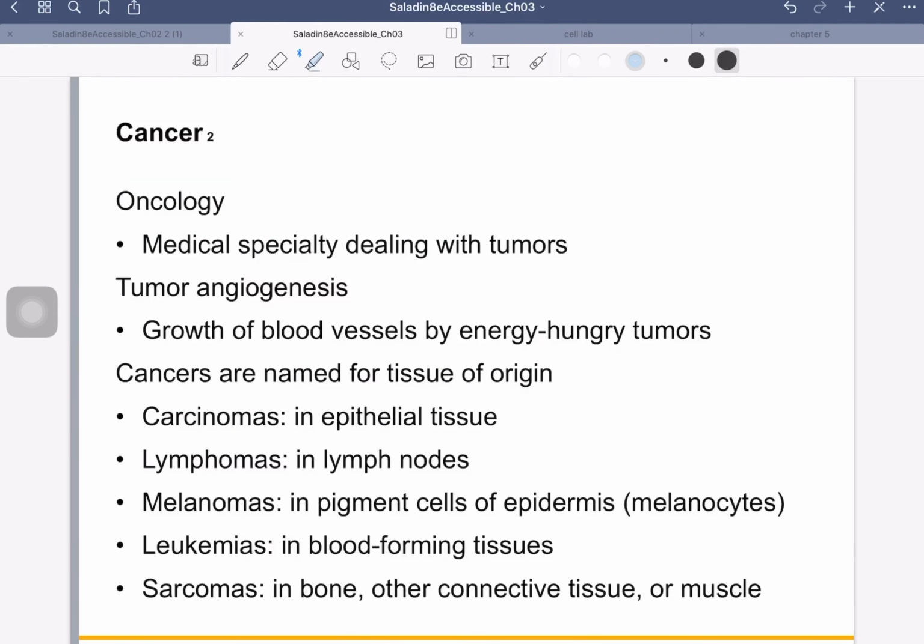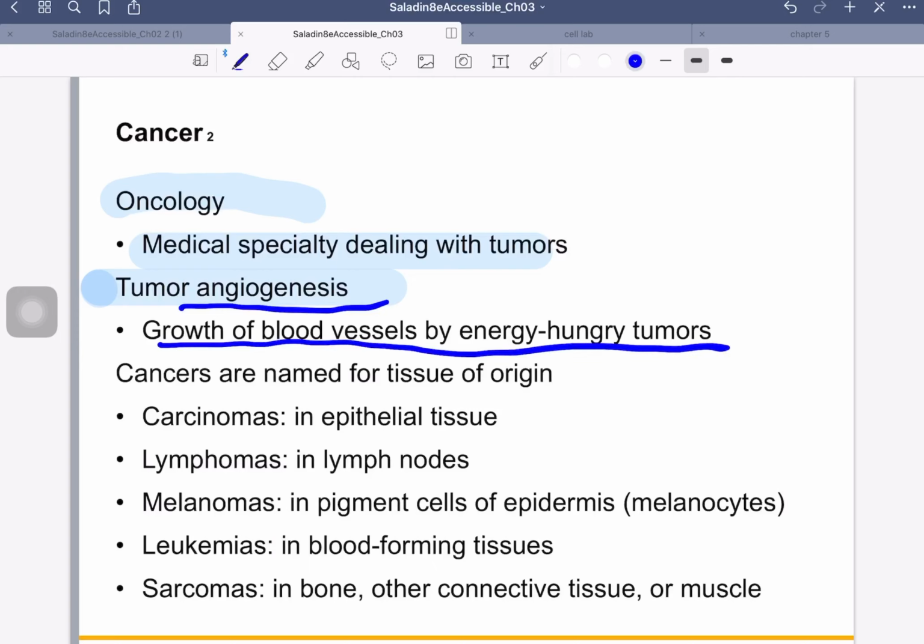Now, oncology is a medical specialty dealing with the treatment and diagnosis of metastatic disease or tumors. Tumor angiogenesis is an interesting phenomenon, and that is the growth of blood vessels by energy-hungry tumors. There's this phenomenon that tumors will often secrete substances which will recruit blood vessels to them.